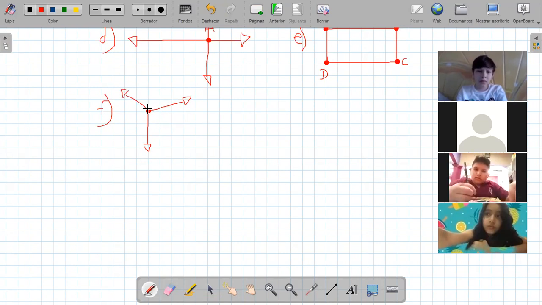Because it says I have that point here, and the instruction says 3 rays, each one with a common starting point. What do they have in common? The same point. I'm going to write A there. Starting point A.